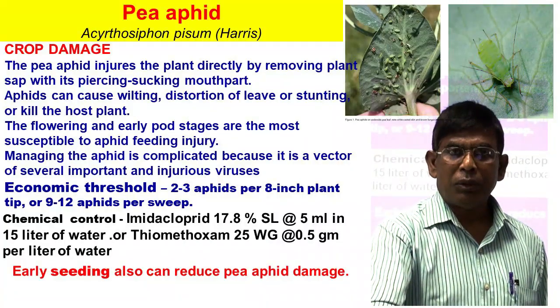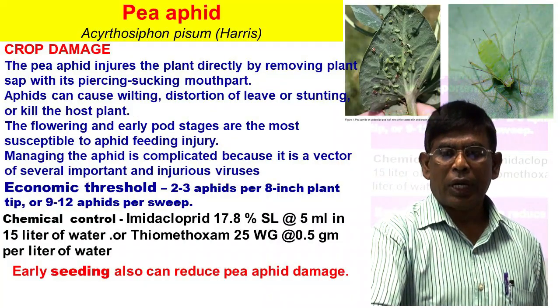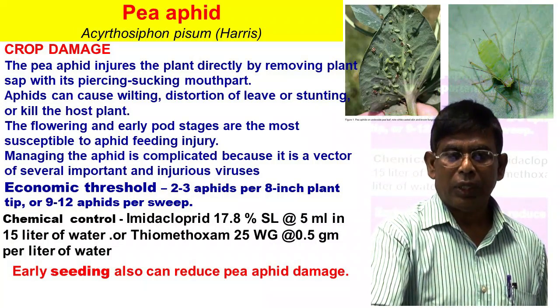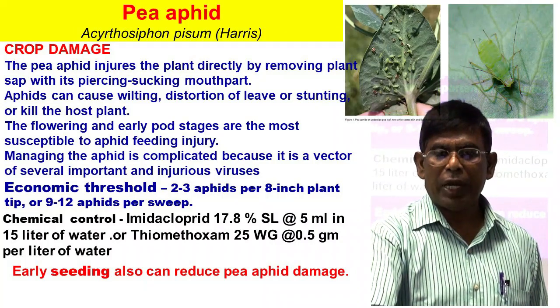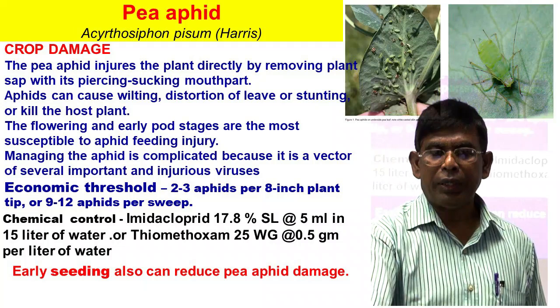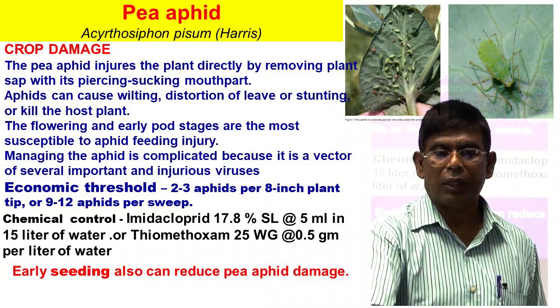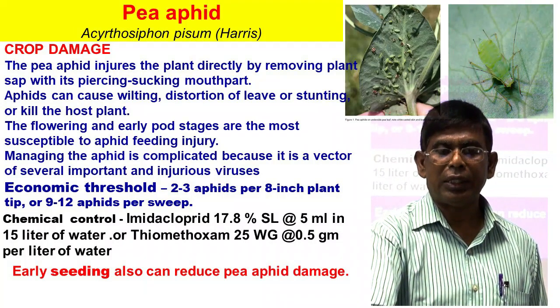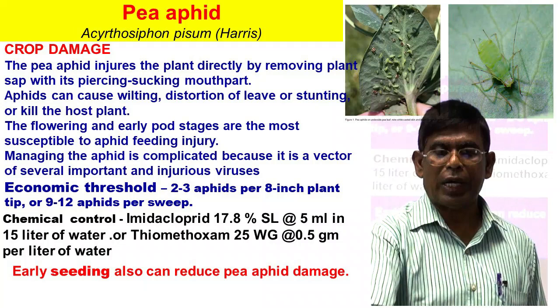Then coming to another important and harmful insect, that is pea aphid. Pea aphid injures the plant directly by removing plant sap with its piercing and sucking mouthparts. Aphid can cause wilting, distortion of leaves, and stunting, or kill the host plant.